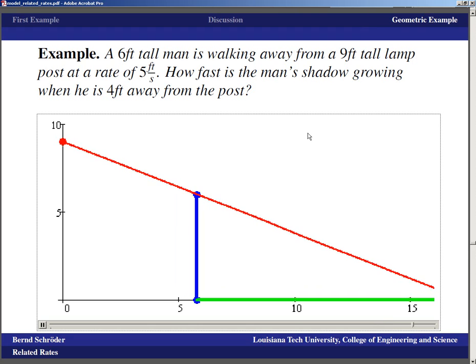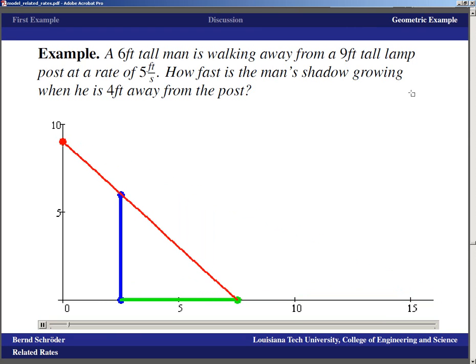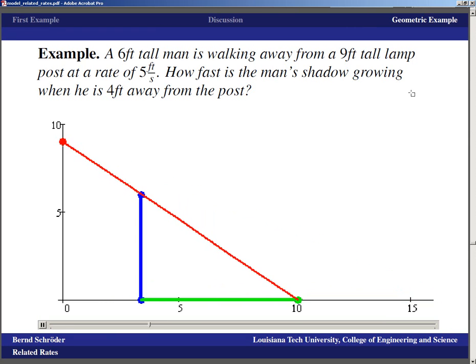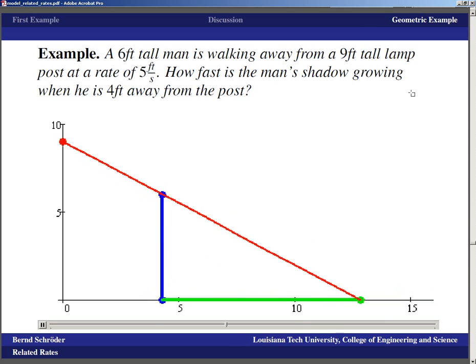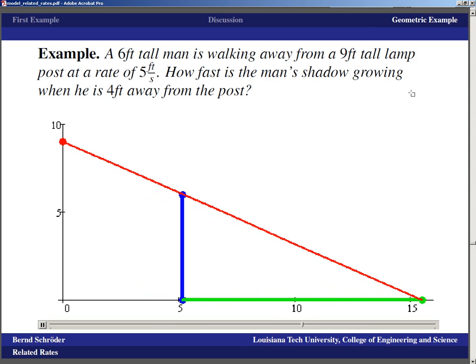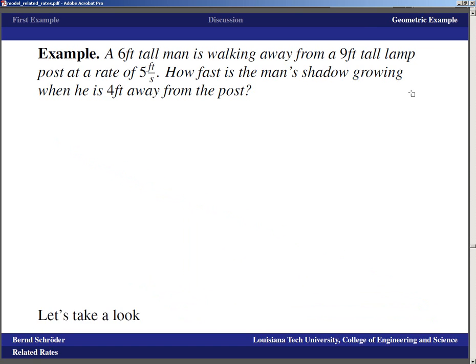Now the other thing that this shows is that even if you can visualize this stuff moving, that really doesn't help that much. So let's draw a picture.